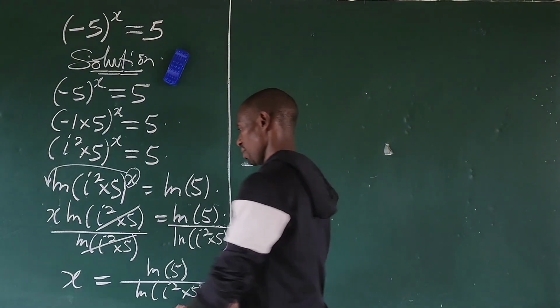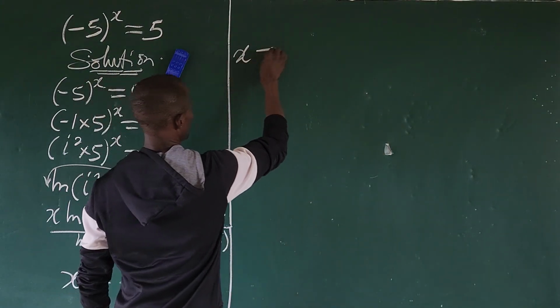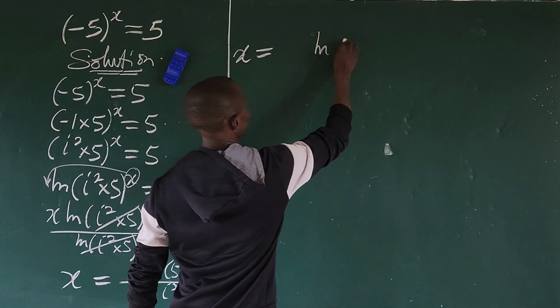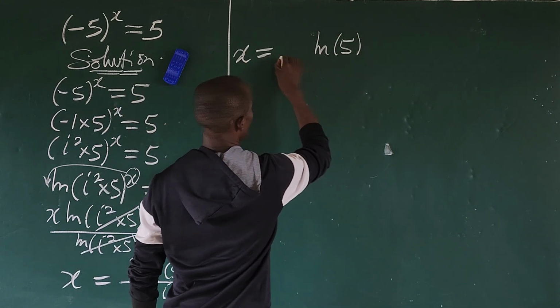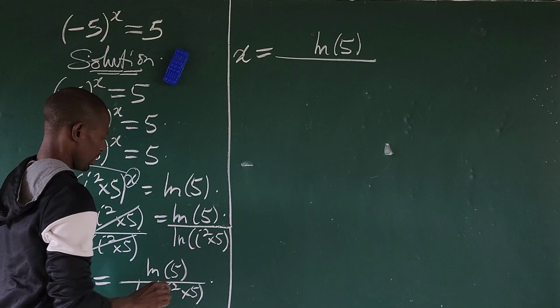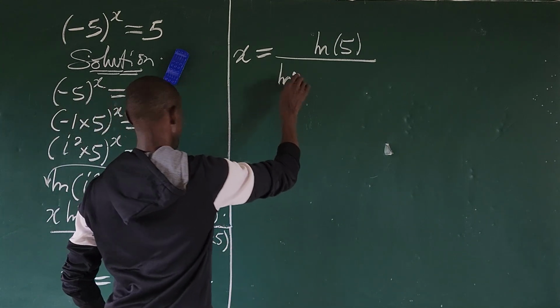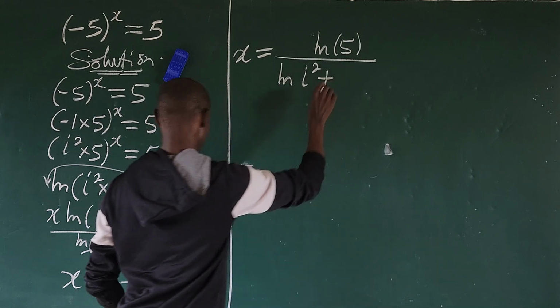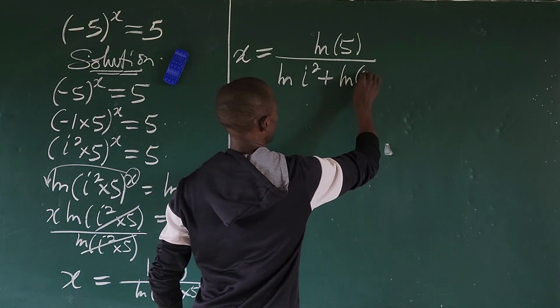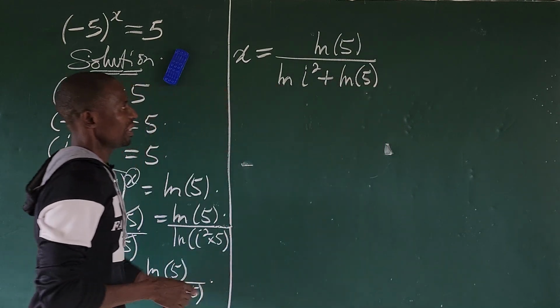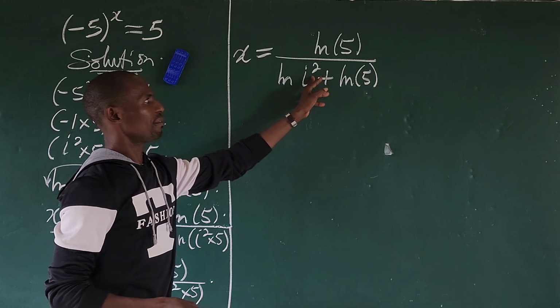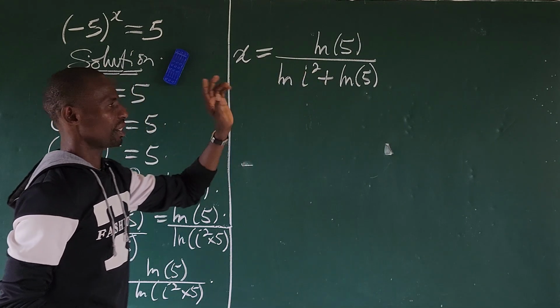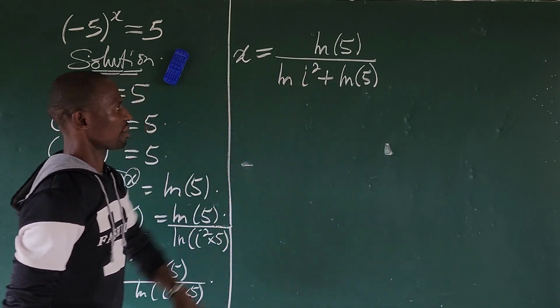All right, so apply that law. This will give us x equal to ln 5 all over ln(i^2) plus ln 5. Again, we can apply the law of exponent of logarithm.